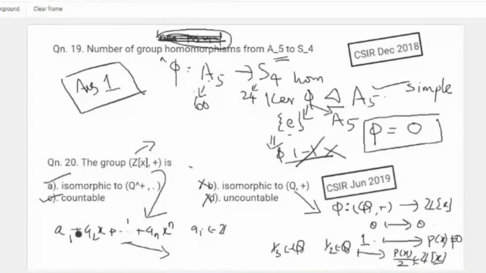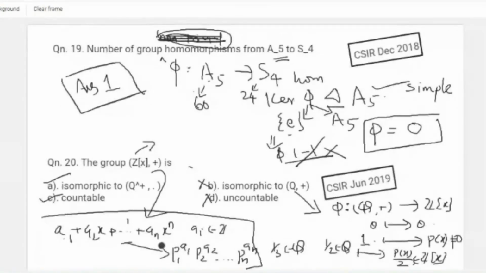Consider the prime factorization p1 raised to a1, where a1 is the first coefficient, p2 raised to a2, where p1 is the first prime, p2 the second prime, and so on, up to pn raised to an. You can see that this is an isomorphism that satisfies all the axioms.